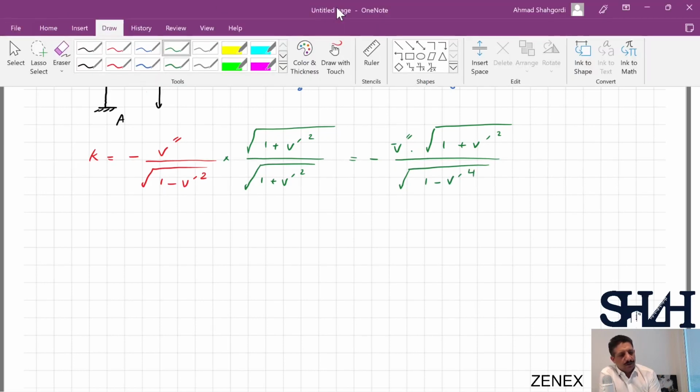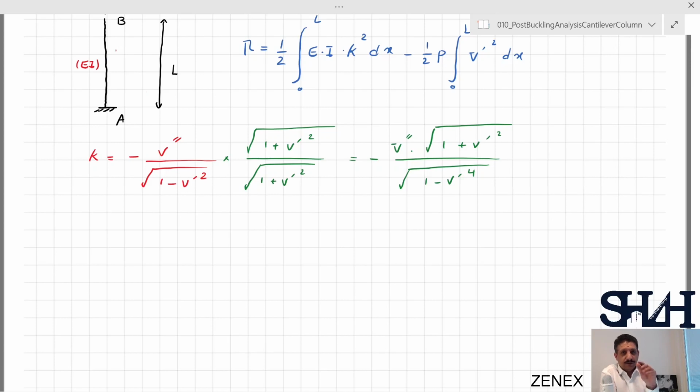As far as V prime is very small, it's rotation. So in this equation, V refers to displacement. V prime is the rotation. So V prime to the power of 4 approaches 0.